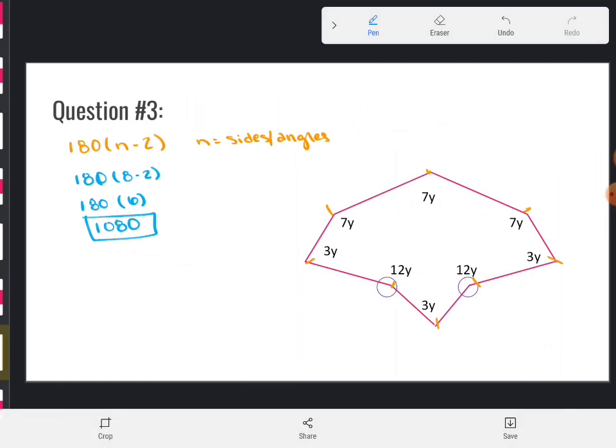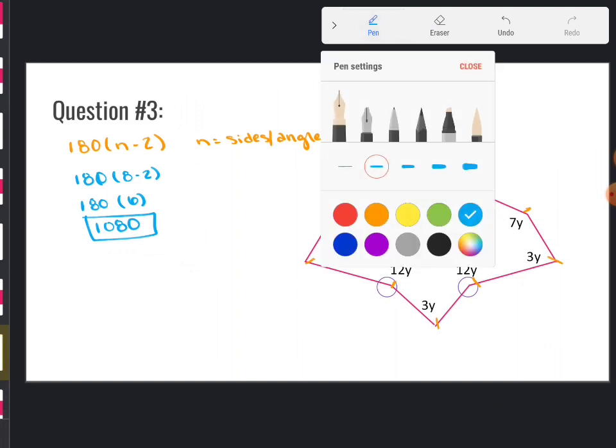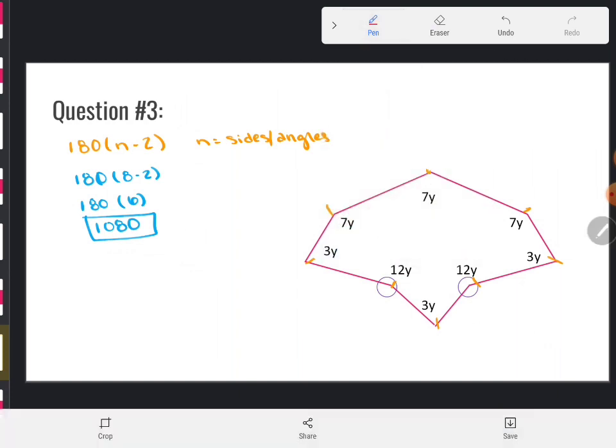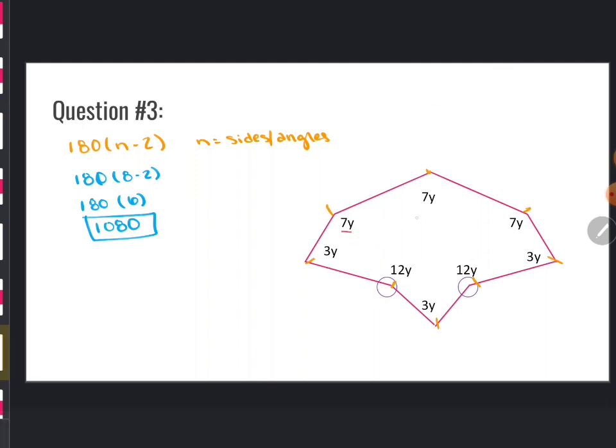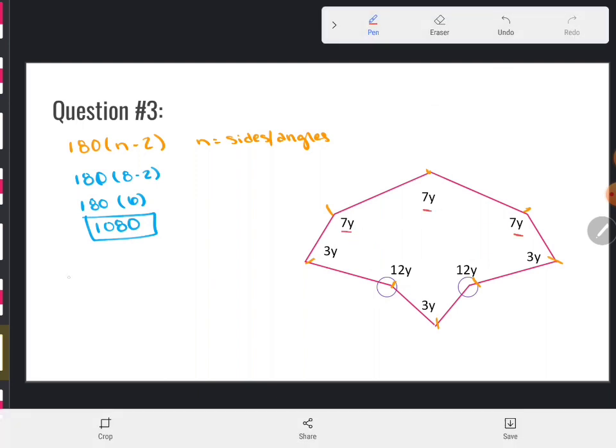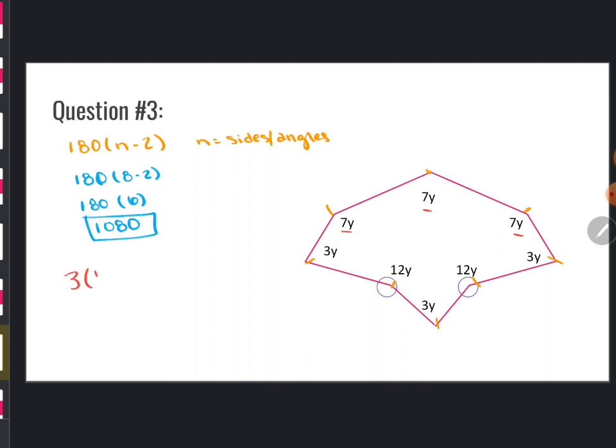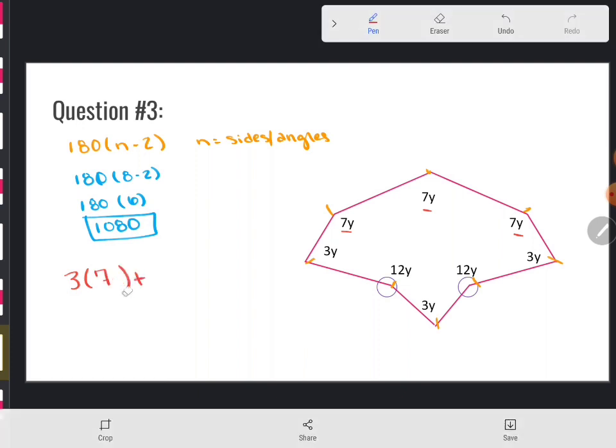Well, now that we know that it has 1080, what we're going to do is add up all of our y's in the figure. If you'll notice, we have 1, 2, 3 sevens. So 3 times 7.